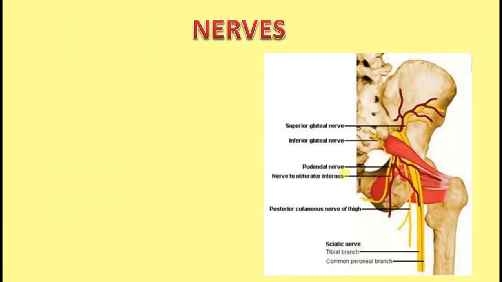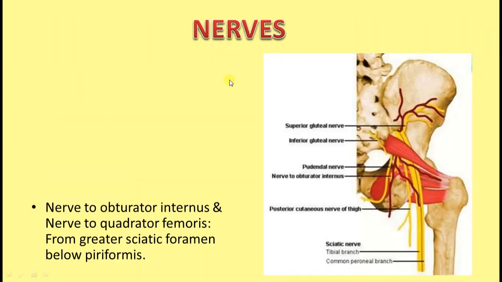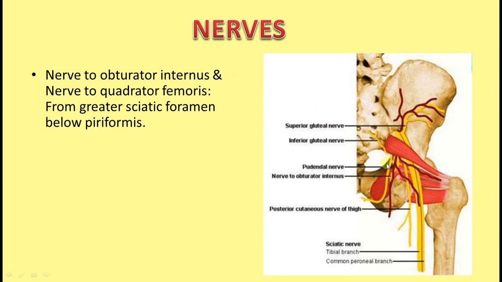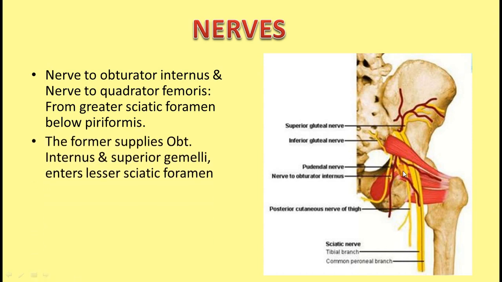Posterior cutaneous nerve. The next nerve you come across is the nerve to obturator internus. Here you are able to see the pin structures. Then the nerve to quadratus femoris. Both arise below the piriformis from the greater sciatic foramen. The former one supplies the obturator internus and superior gemelli.